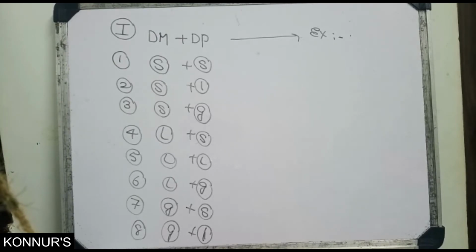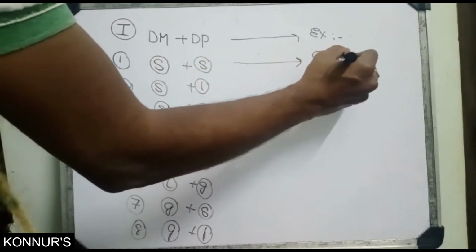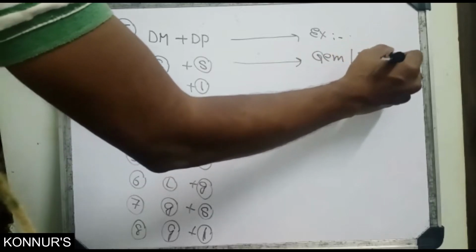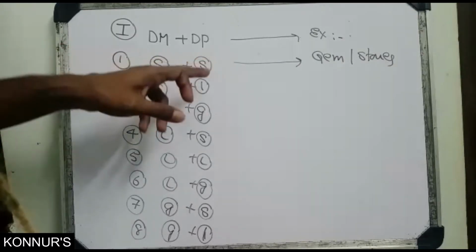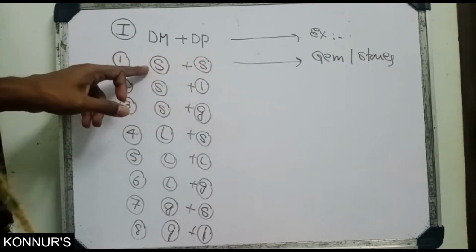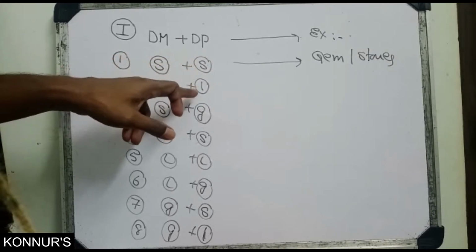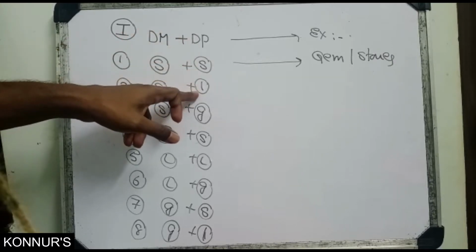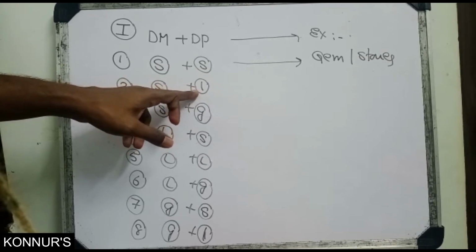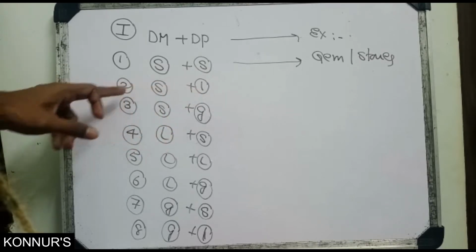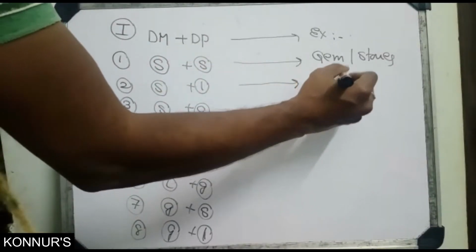For solid in solid, the example is gemstones, colored stones, otherwise gems: a small amount of solid present in a large amount of solid. Next, the dispersion phase, the solute, is a liquid: a small amount of liquid present in a large amount of solid. That is gels, otherwise paste.